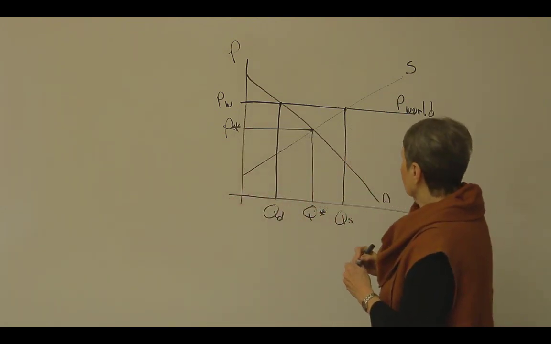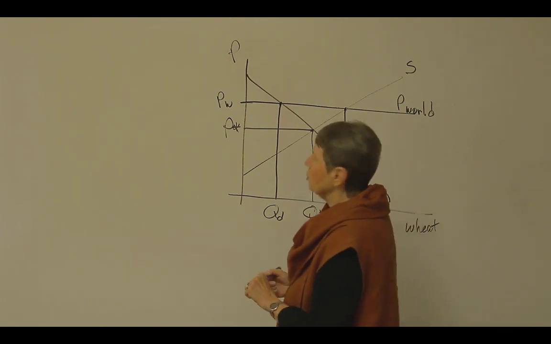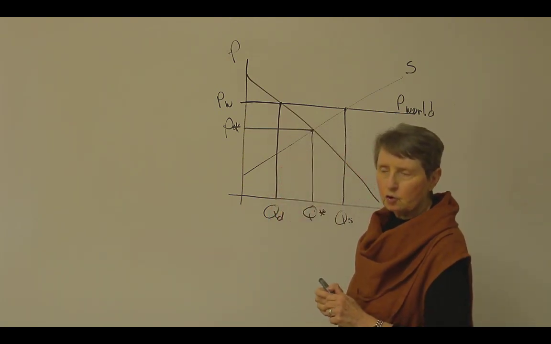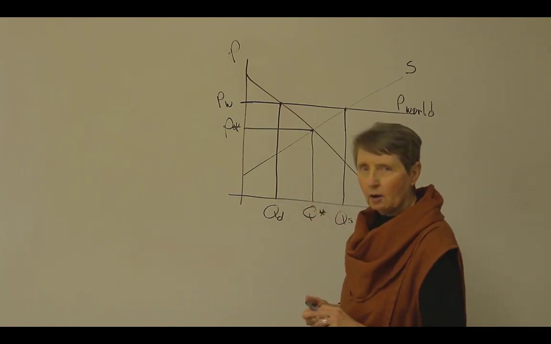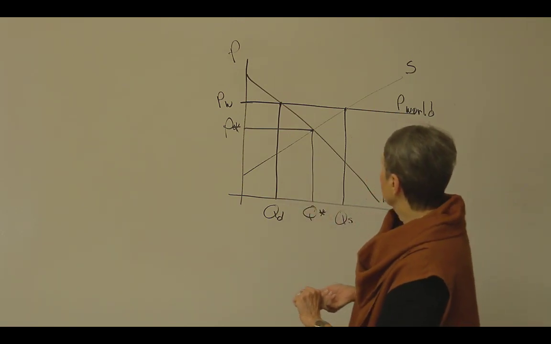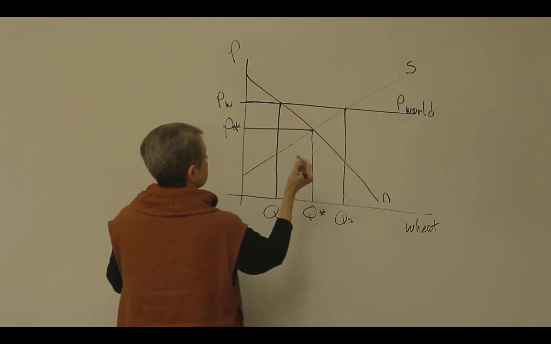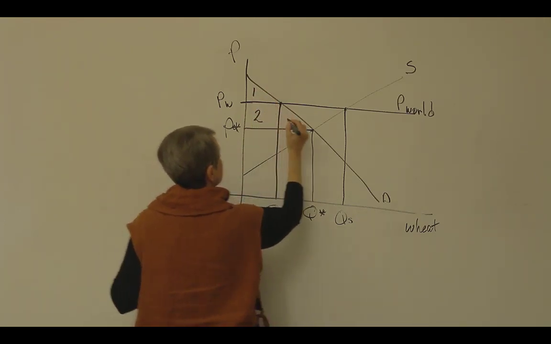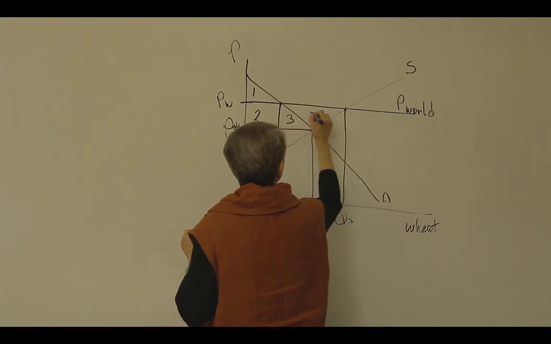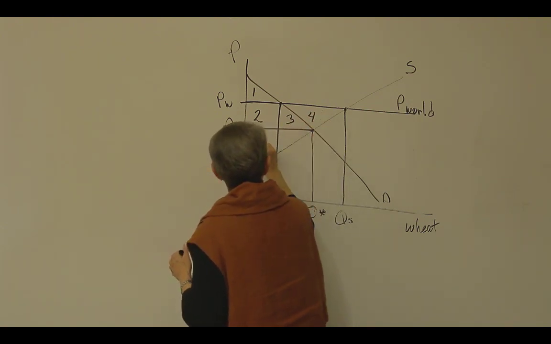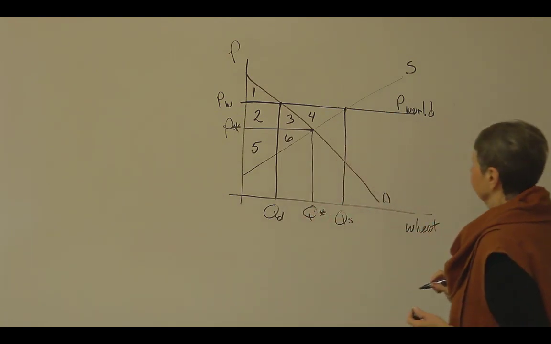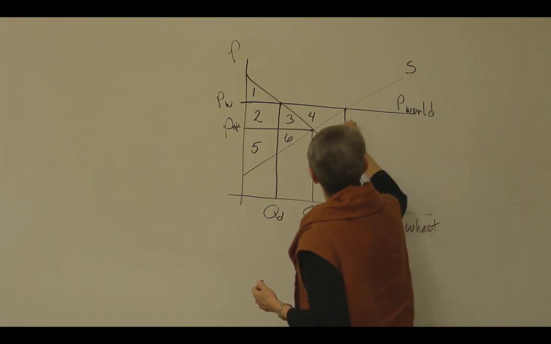Now, let's look at consumer and producer surplus. Let's see how the wealth in this economy is changed if we allow exports. So, I'm just going to mark these boxes here. I'm going to call this 1, 2, 3, 4, 5, 6. Let's just call this 7.